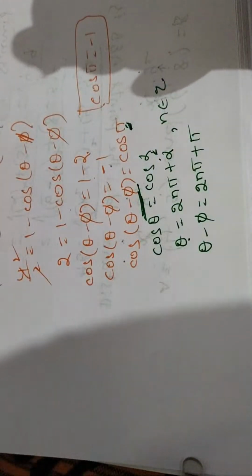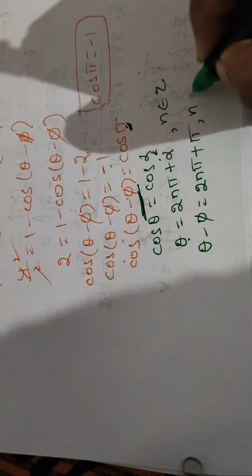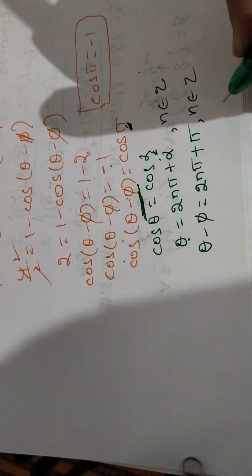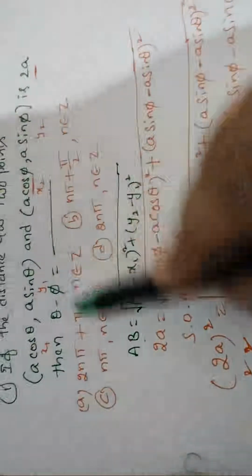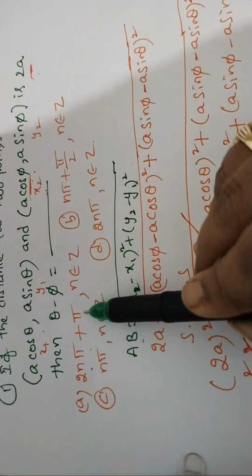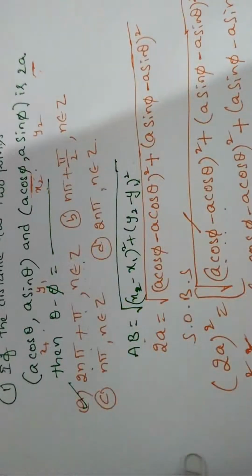So 2n pi plus pi, n belongs to z. Now check the options. 2n pi plus pi, where is it? We'll check the options. 2n pi plus pi, n belongs to z. So option A is the answer.